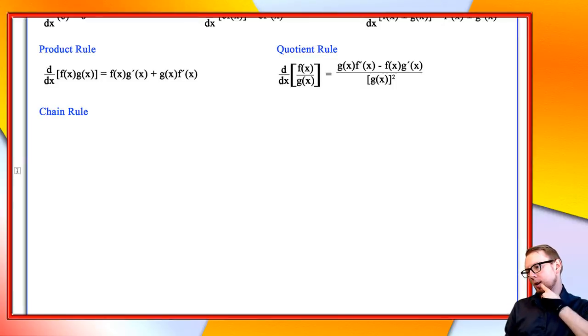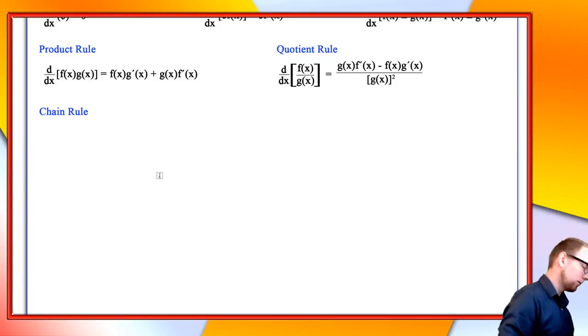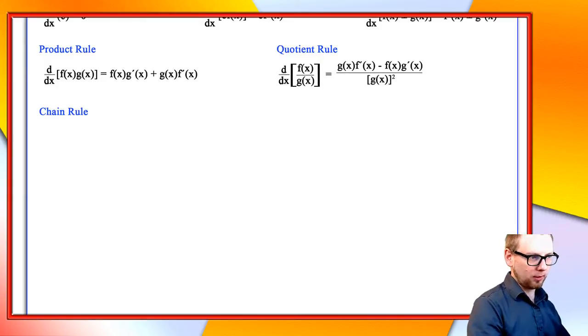Makes sense for the Leibniz notation. Or should I do prime notation? It's consistent. I should probably just do prime notation. Prime notation first. Okay.